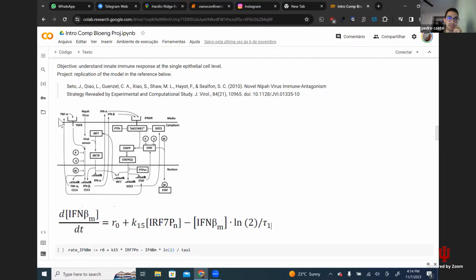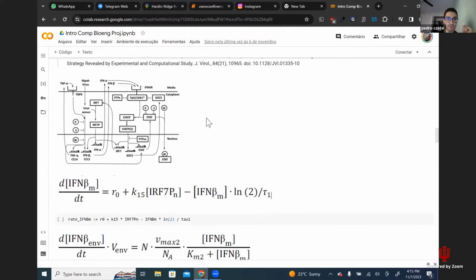So for example, TNF alpha, interferon alpha, interferon beta. And there is the STAT pathway that controls signaling from interferon, and they all get regulated by RNA reactions.